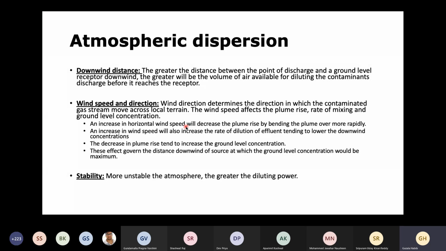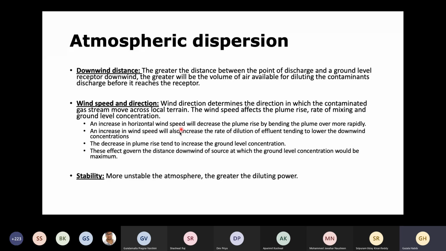And wind direction: when we propose any new industrial establishment, we have to see that the wind direction should be opposite to the receptor side, meaning the wind should take the pollution to the opposite side, not towards the receptor side.